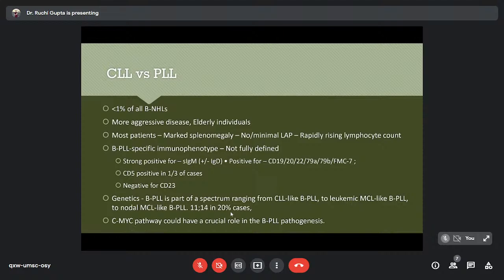And unlike the B cell receptor pathway and other genetic abnormalities which are more rampant in CLL, the c-Myc pathway seems to be a more crucial molecule for the B-PLL pathogenesis.